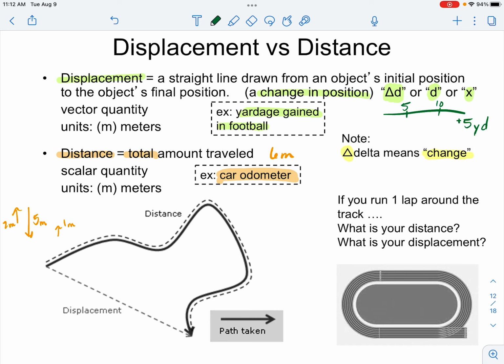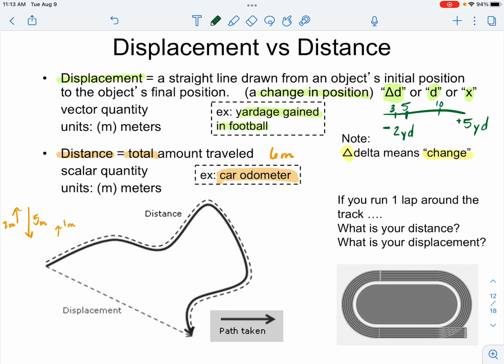If we have a play where the ball starts on the 5-yard line, but let's say there was a loss on the play, so the ball went down on the 3-yard line. Well, now what we would say in football is that there was a loss of yardage of 2 yards. What would go down in the books would be a negative 2 yards, right?